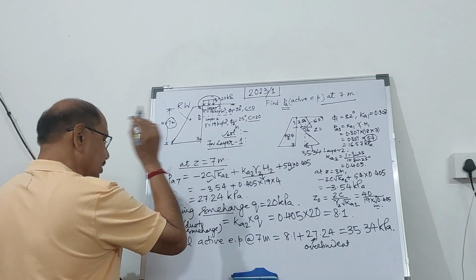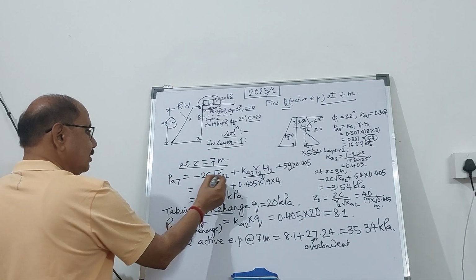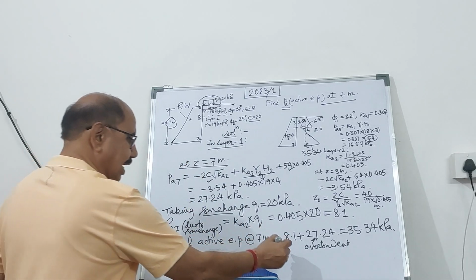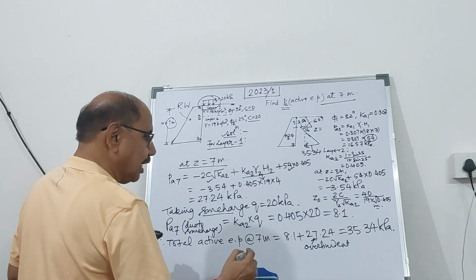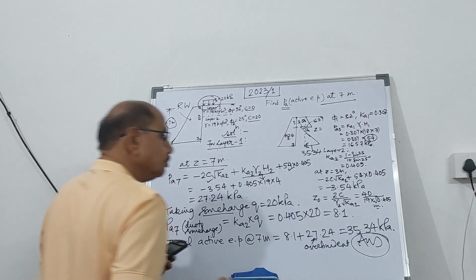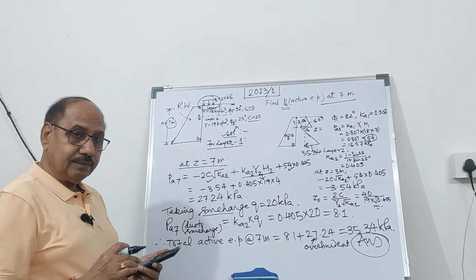You can find out at 7 meter. And this part is due to overburden. So the first part and second part add up together to get the answer. I hope I have made your point quite clear.